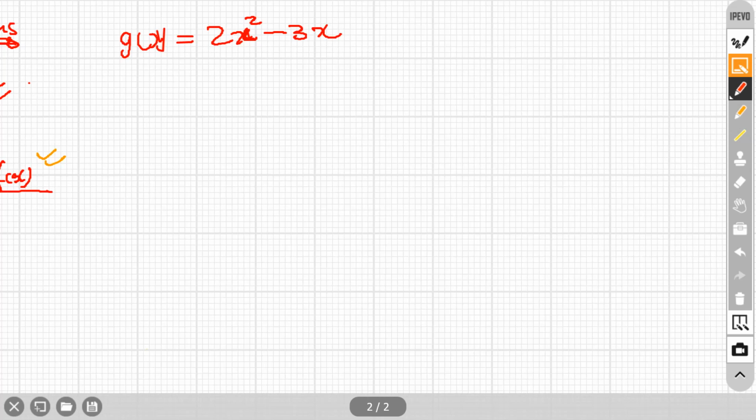Then we are asked to determine g prime of x using the first principle. Forgive my handwriting, guys. So you are given that g of x is equal to 2x squared minus 3x, and you're asked to determine the first derivative of g of x using the first principle.